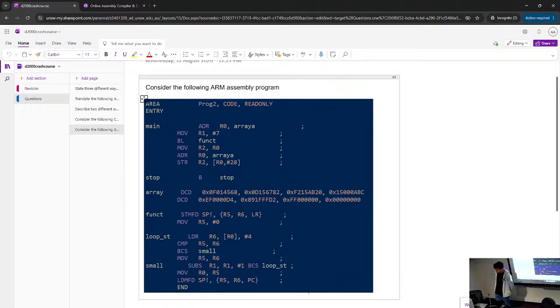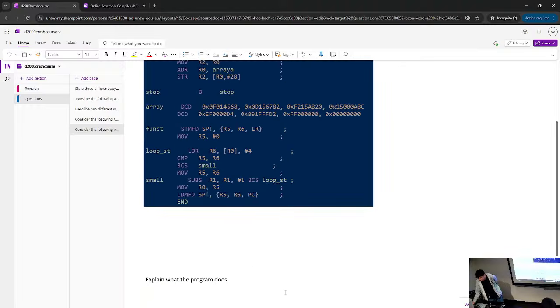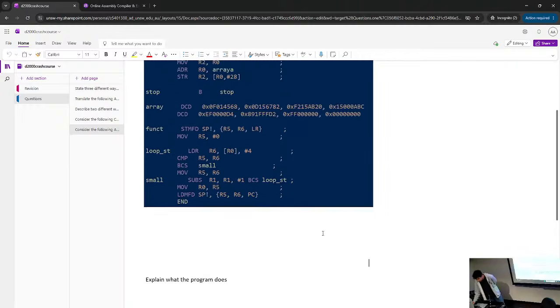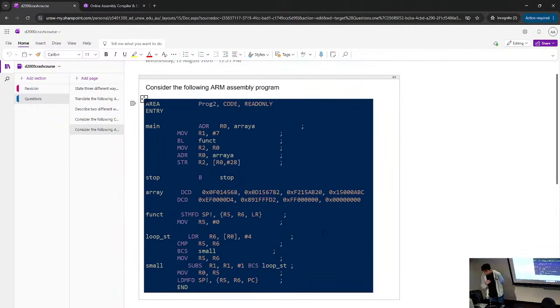Usually for stuff like this, there are a couple of steps I would take. First of all, let's look at the question. The question is, what does the program do? There are also sub questions asking what the contents are afterwards. But anyway, we first look at this program, right?